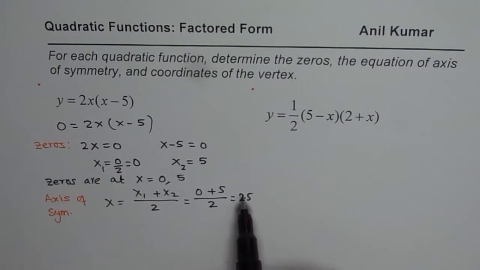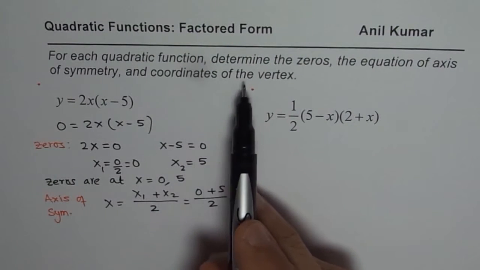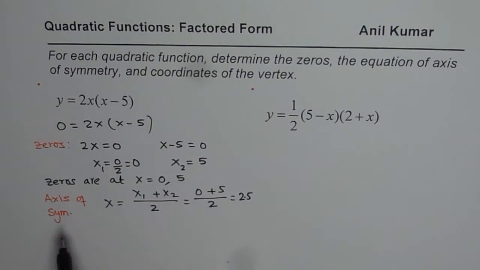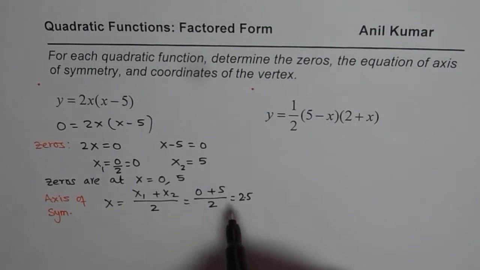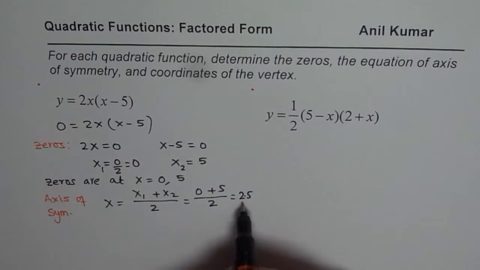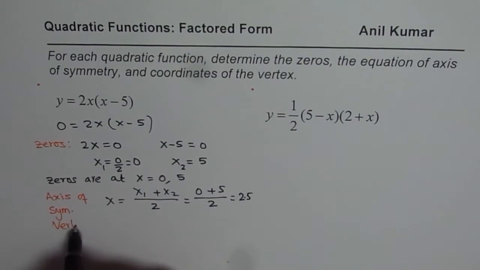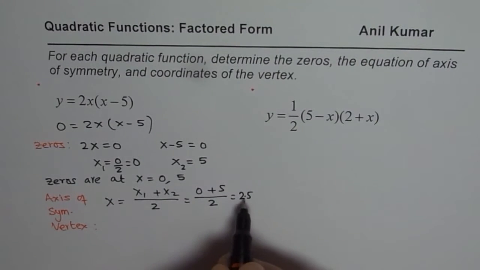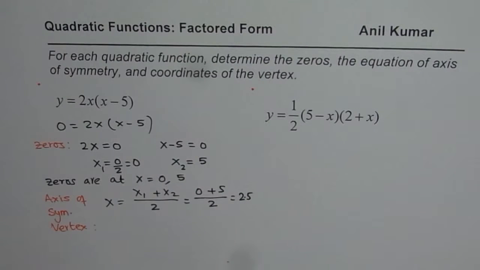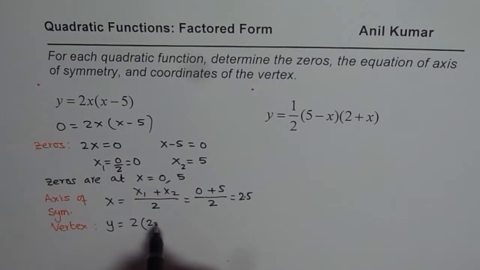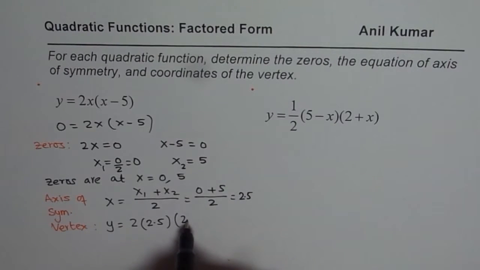Now the last part is to find the coordinates of the vertex. The vertex will always lie on the axis of symmetry. So we know the x value, but we need to find the y value. For the vertex, we'll substitute x equals 2.5 in the equation and find the y value. So y equals 2 times 2.5 times (2.5 minus 5).